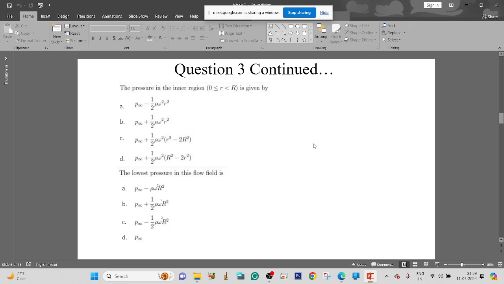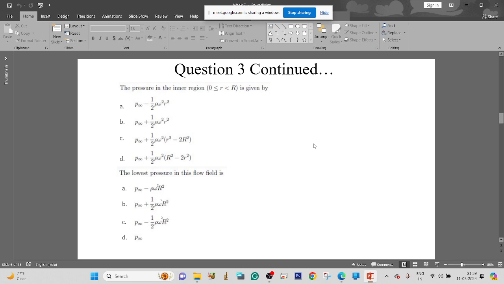Another equation will be this one. We are applying at small r equal to capital R, P is equal to P naught here. Are you understanding this equation? Ma'am, for the second equation it would be minus rho omega square r square. Which one? The second equation. Minus del p by del r.